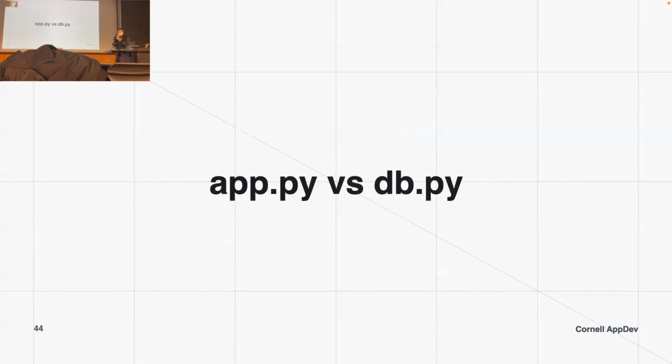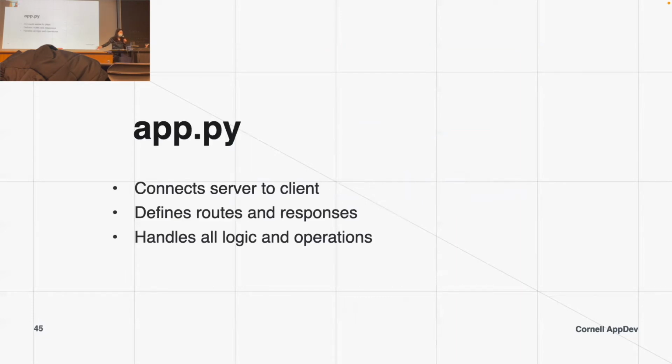Last but not least, I wanted to dive into the difference between your app.py versus your db.py. Your app.py connects the server to your client. In your app.py, you define your routes and your responses, and it handles all your logic and operations.